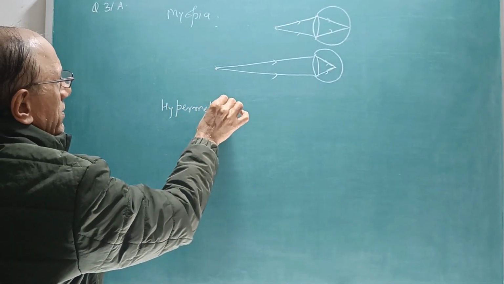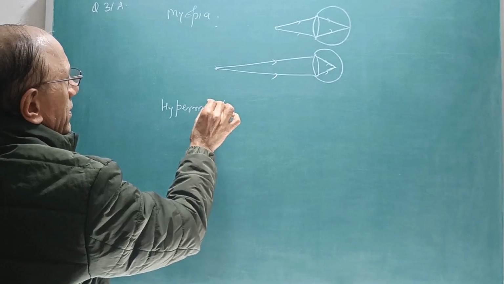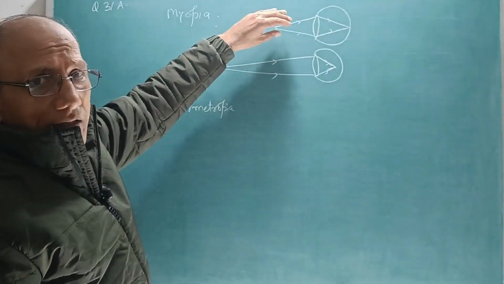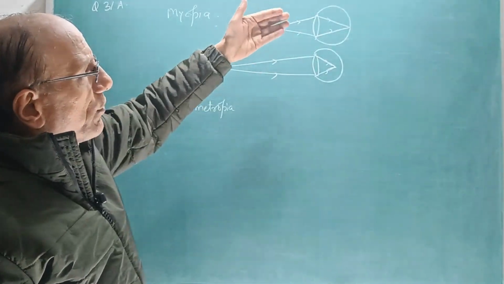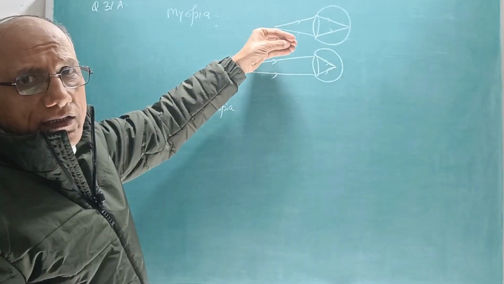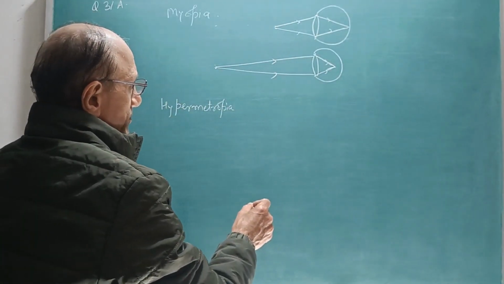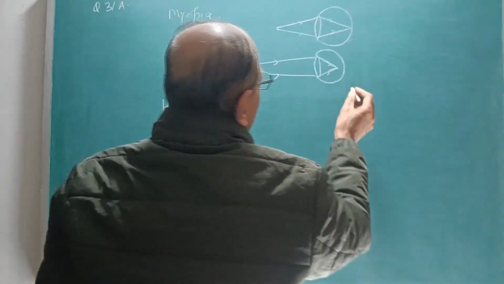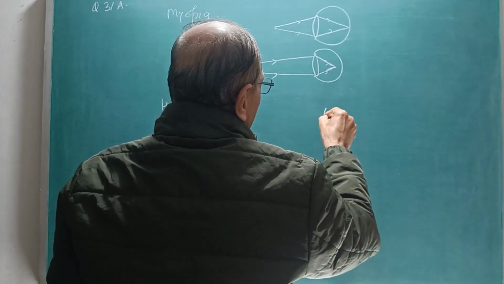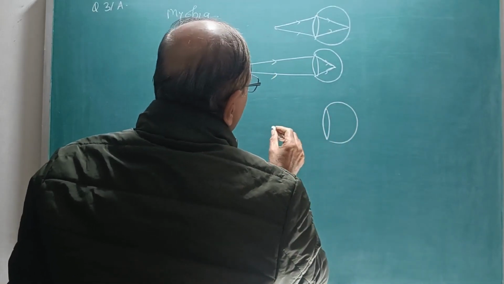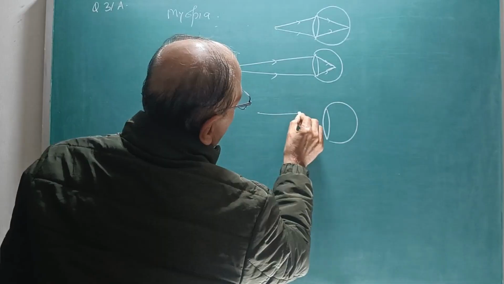Whereas in hypermetropia, the things are reversed. This person cannot see nearby objects but can see distant objects clearly.